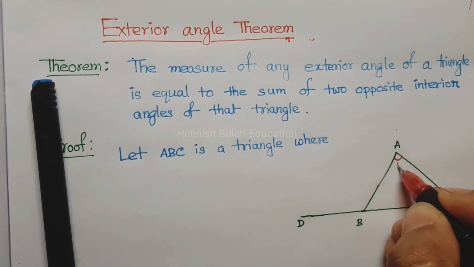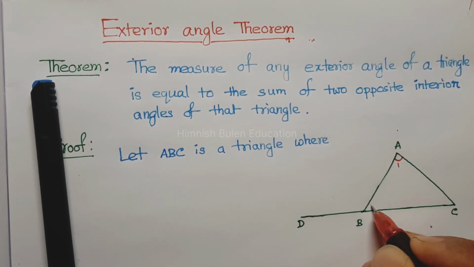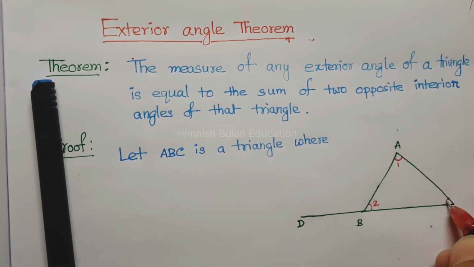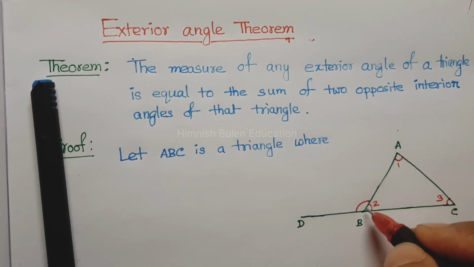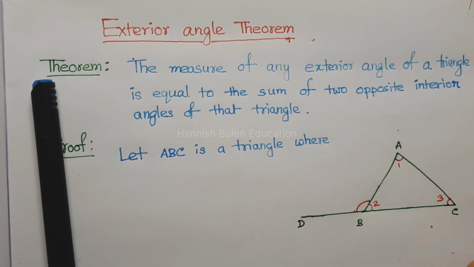Angle A as 1, angle B as 2, and angle C as 3, and angle ABD as 4. So I am considering these 1, 2, 3 and 4 in order to understand better the geometrical concept.